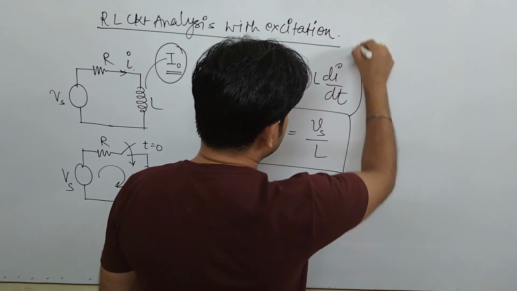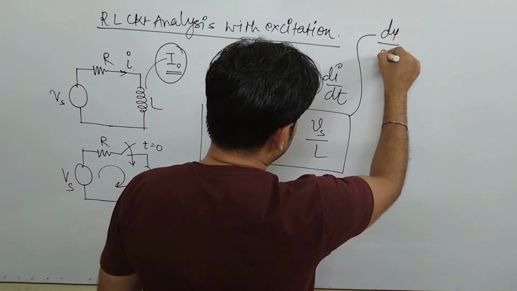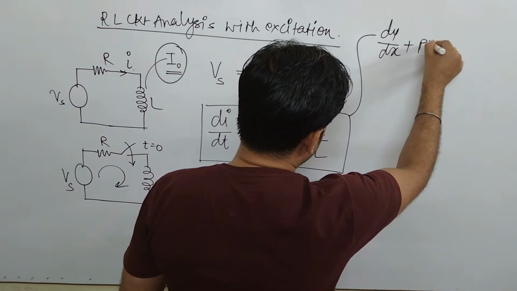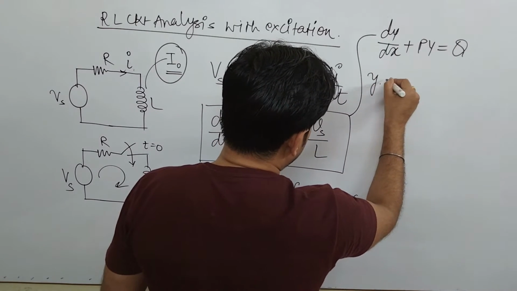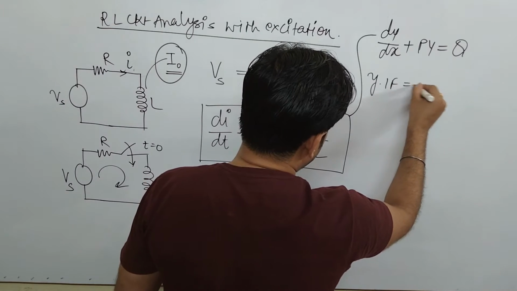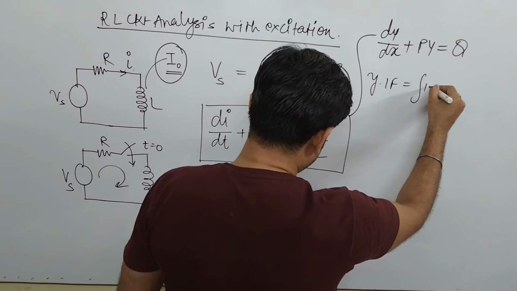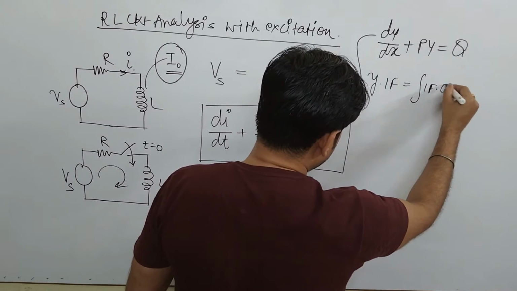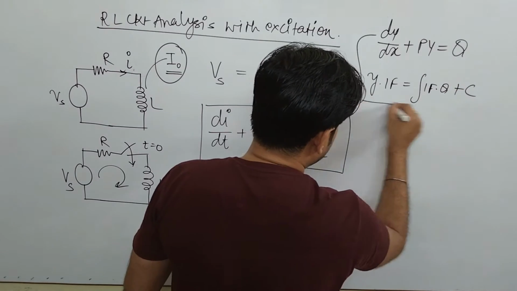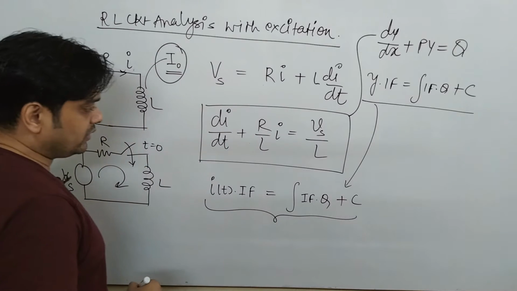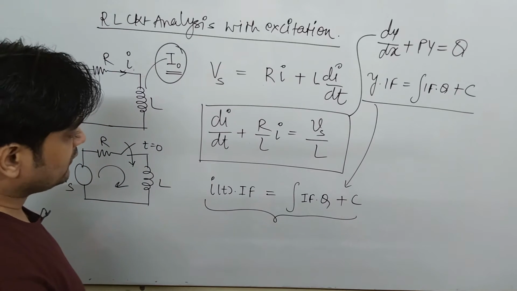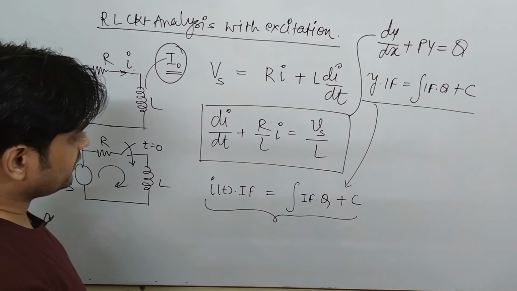Because I have considered this equation in the form of dy by dx plus Py is equal to Q, and if you write the solution, that comes to be y into IF is equal to integration of IF into Q plus integration constant C. With the same I have written this. So can you write directly the solution?